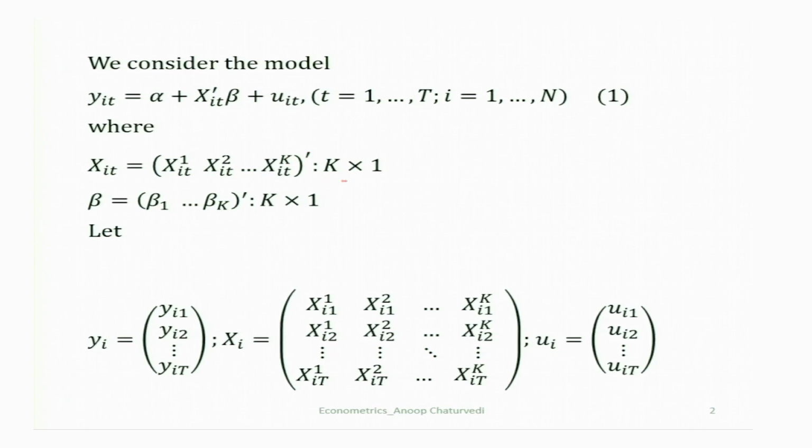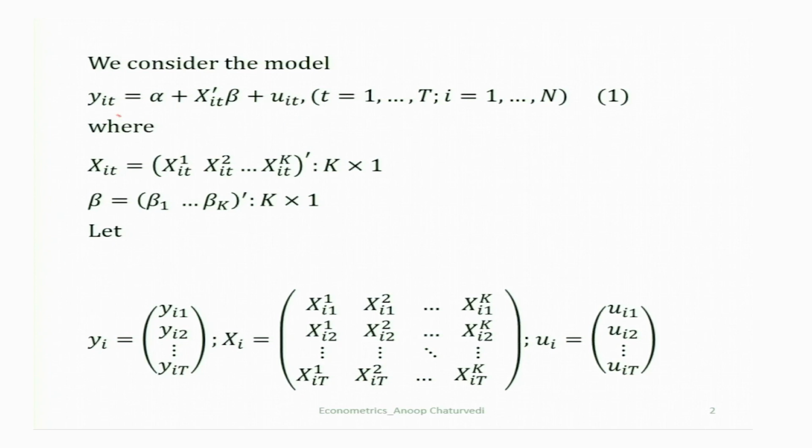So, it is a k cross 1 vector. In all we have k covariates. Beta is a k cross 1 vector of regression parameters having elements beta 1, beta 2, up to beta k. And alpha is the intercept term and the u_it are the disturbances.